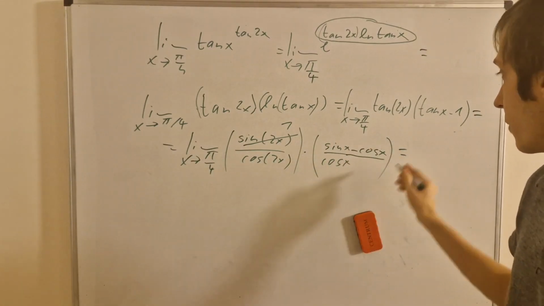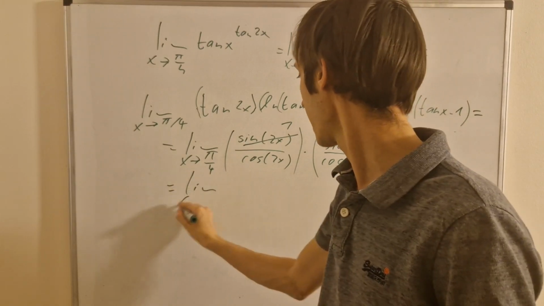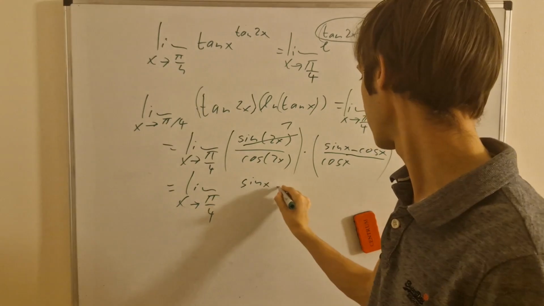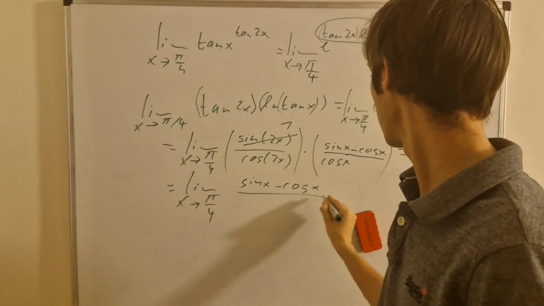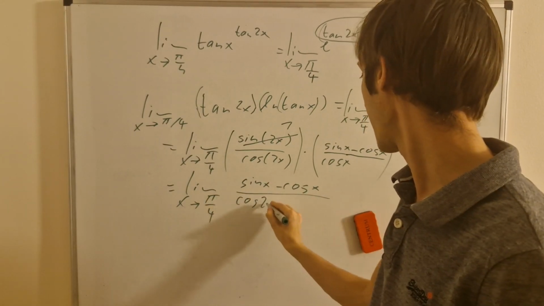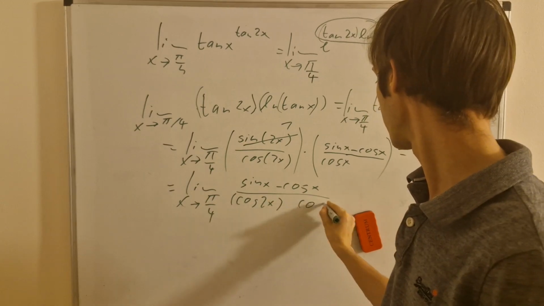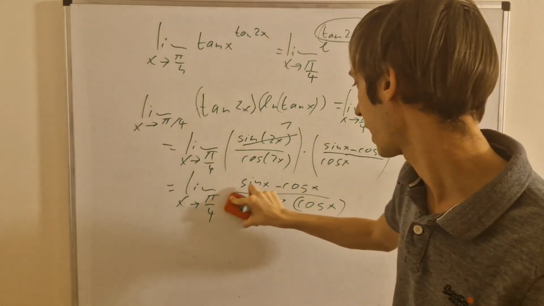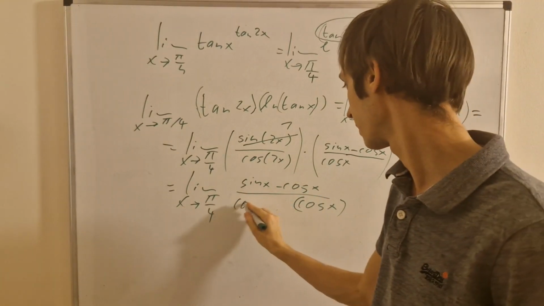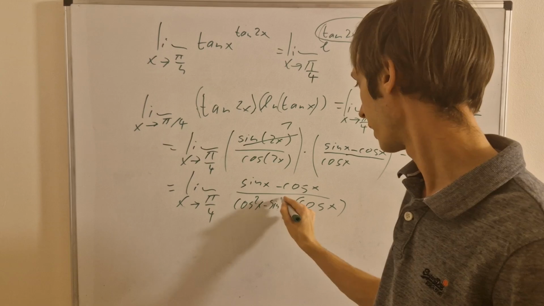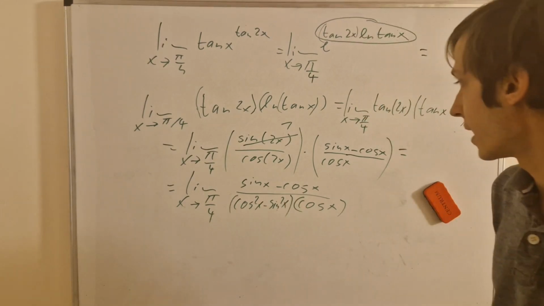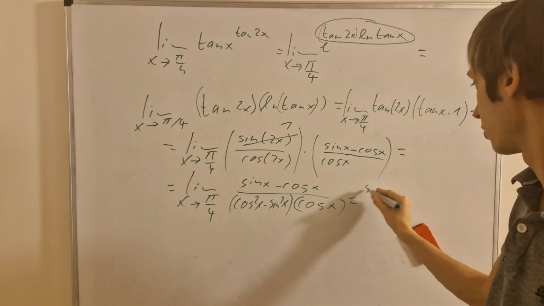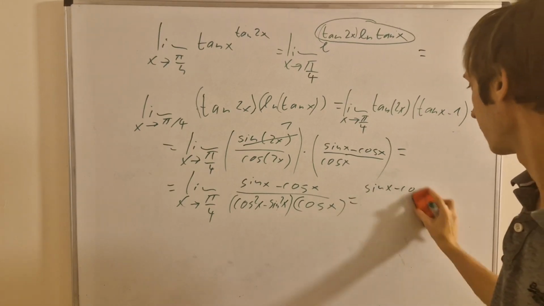And then let's play with the rest here. So we will have limit x to pi over 4 of sine x minus cosine x at this point, over cosine 2x times cosine x. But cosine 2x is also rewritable by a trig identity as cosine squared x minus sine squared x. And that is the same as cosine x minus sine x times cosine x plus sine x.